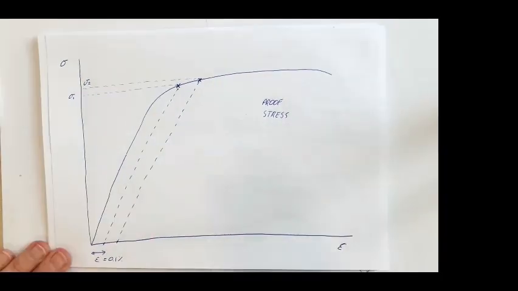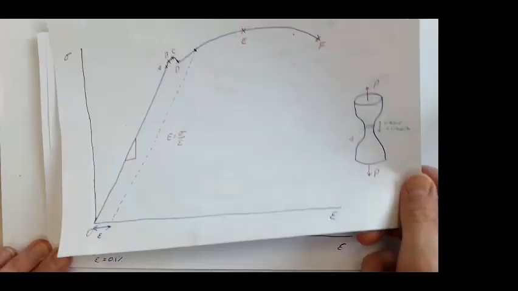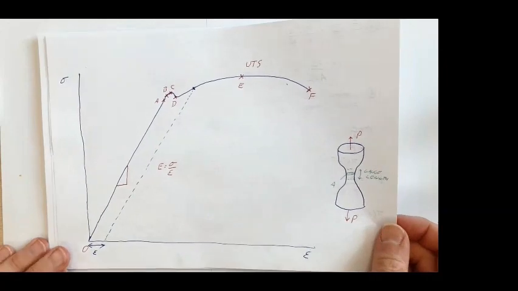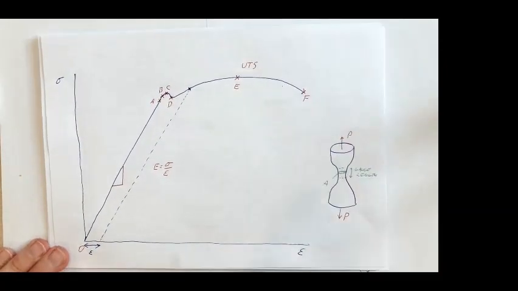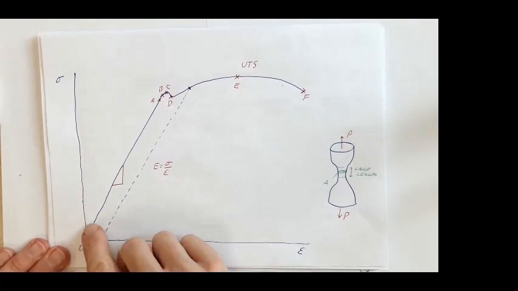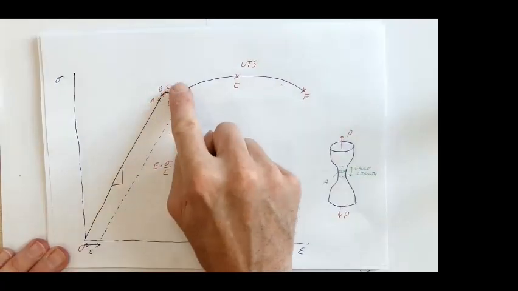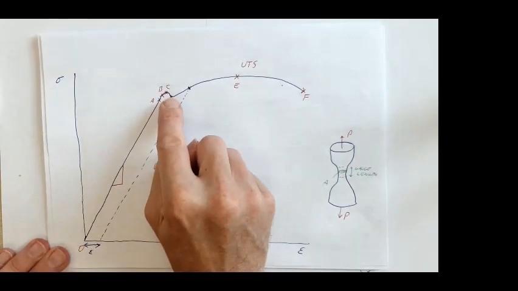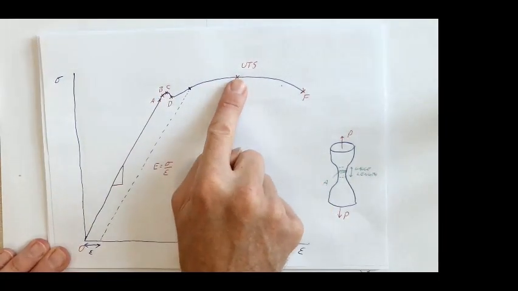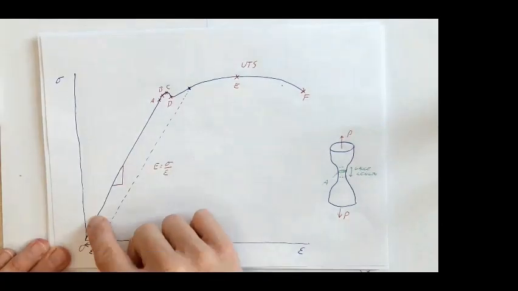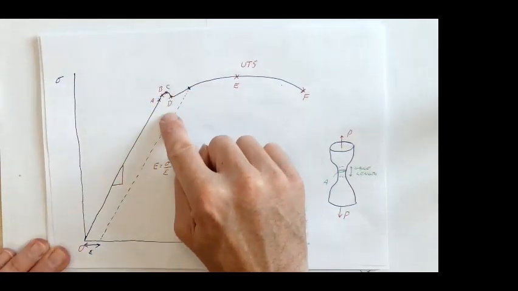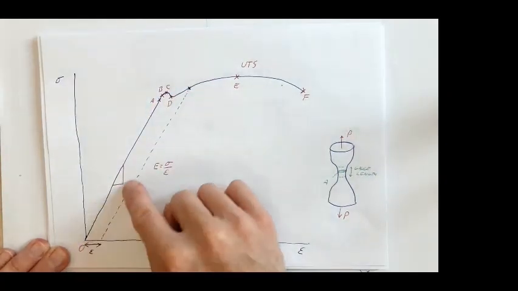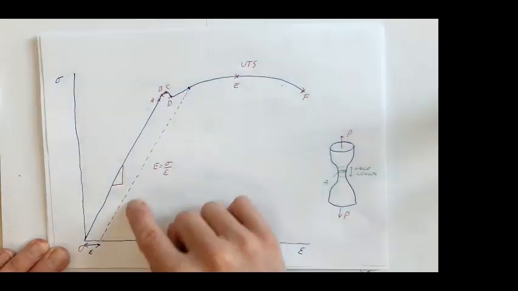If we look back to our original stress strain curve that we drew, that's what a typical stress strain curve would look like. We've got this linear region, we've got this non-linear region. We've defined our upper yield point, our lower yield point, our ultimate tensile stress. We understand the idea of proof stress. We understand the idea of work hardening.